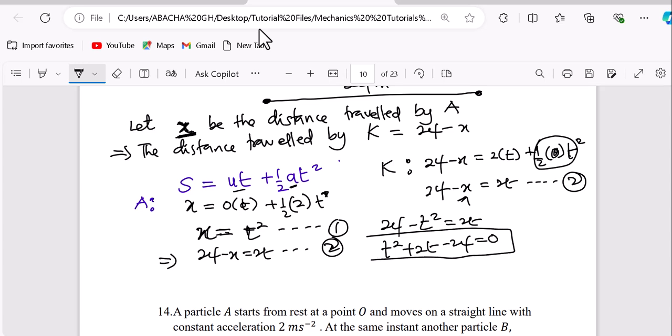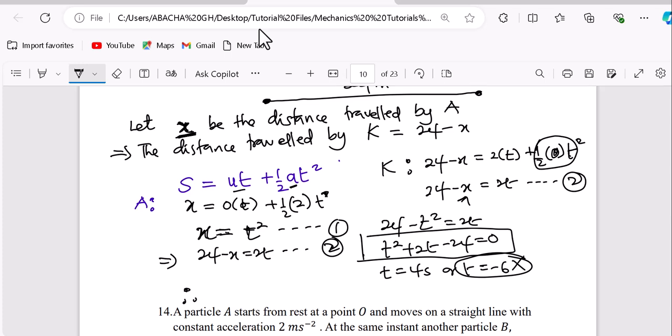This is a quadratic equation which we have to solve. If you solve this, you are going to get t equal to 4 seconds or t equal to -6. But time cannot be -6, so this one is obviously not valid.